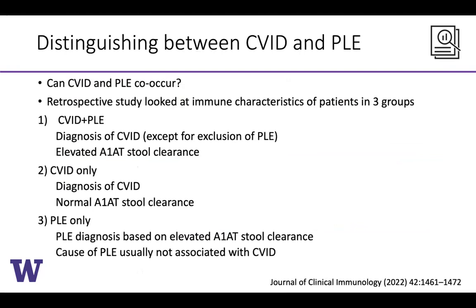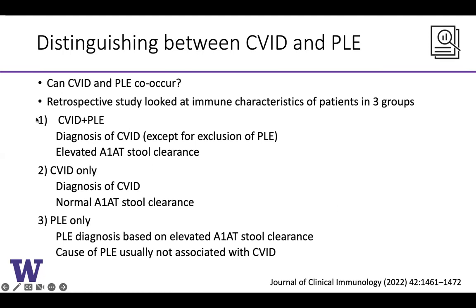There's a recent paper from a European group where they were trying to find out if there are ways we can distinguish more definitively between CVID and protein-losing enteropathy, or define patients who have both, which is difficult because ruling out a protein-losing state is one of the diagnostic requirements for CVID. So they asked this question: can CVID and protein-losing enteropathy co-occur?